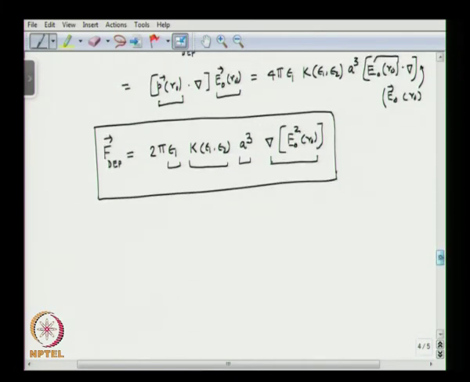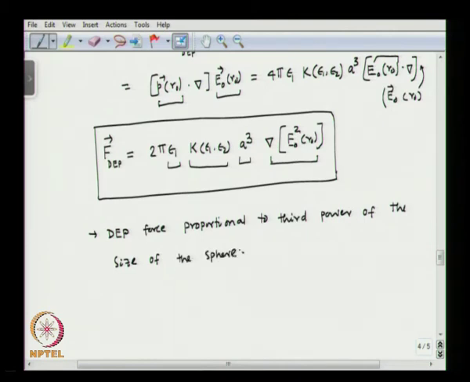So what we observe from here is that the DP force is proportional to the third power of the size of the sphere.